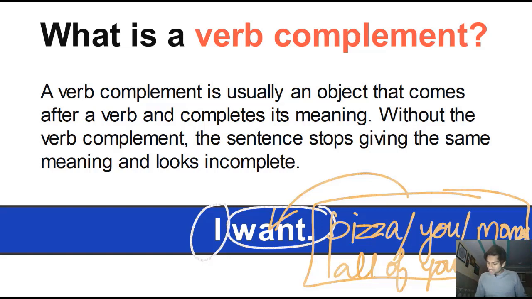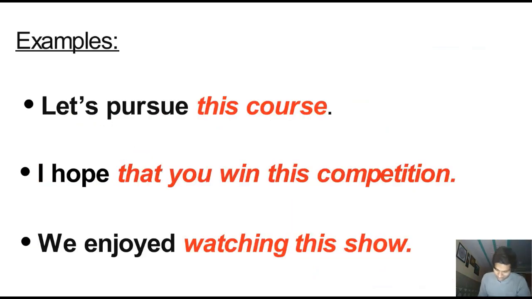Now let me show you more examples and make you understand this. Example number 1. Let's pursue this course. Now, can you just pursue? If I say "let's pursue," you're going to ask what? Let's pursue what? There has to be something that we should pursue, right? It is incomplete to say "let's pursue."